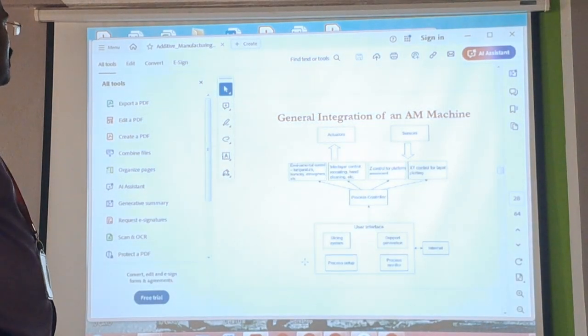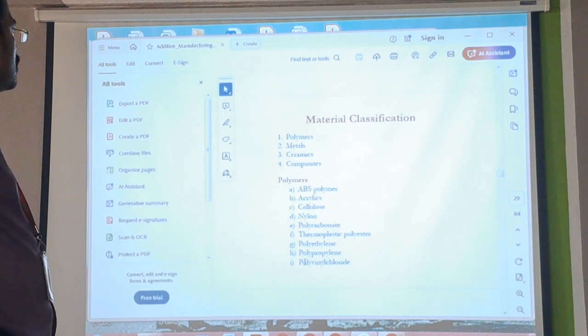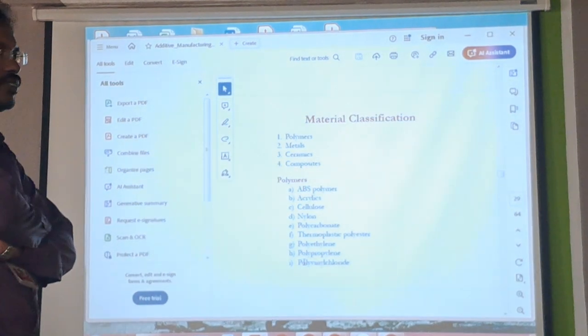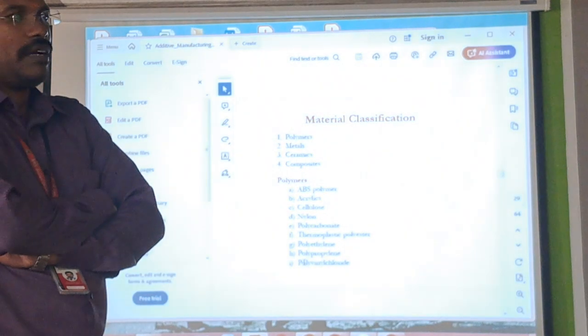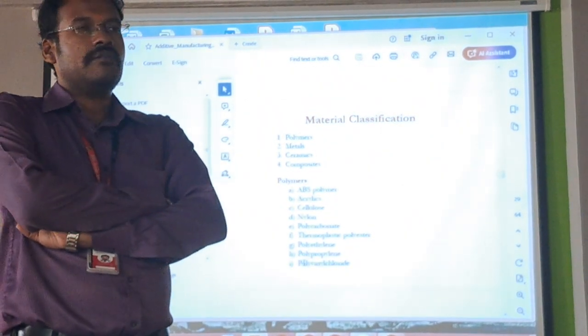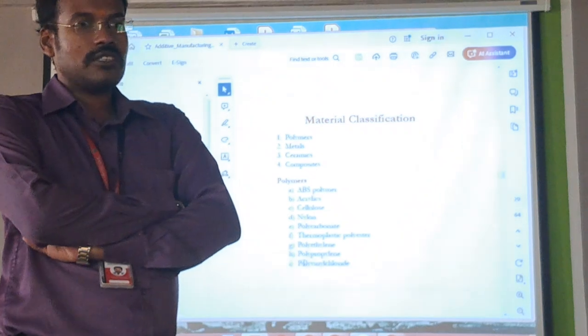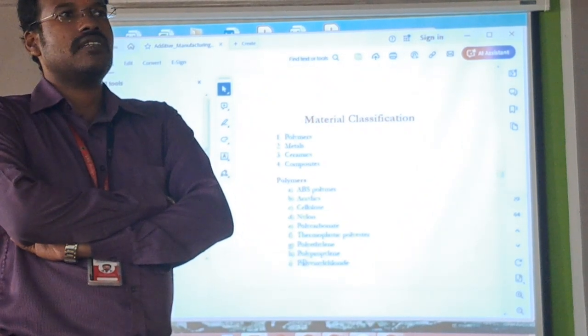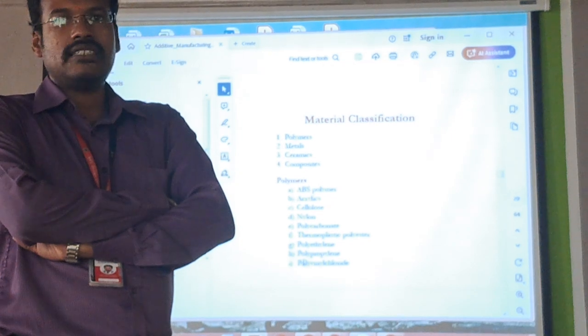These are the general integrations of the AM machines. This is basically why reverse engineering is involved with additive manufacturing. For example, mostly additive manufacturing products are used as spare parts. In day-to-day applications, a few parts are not available in our markets.